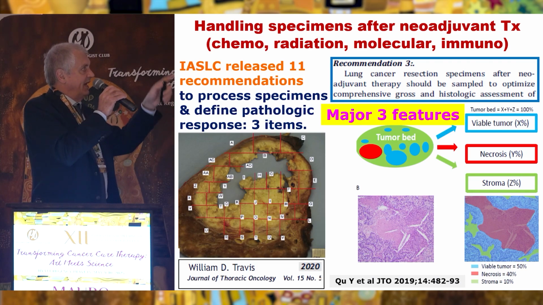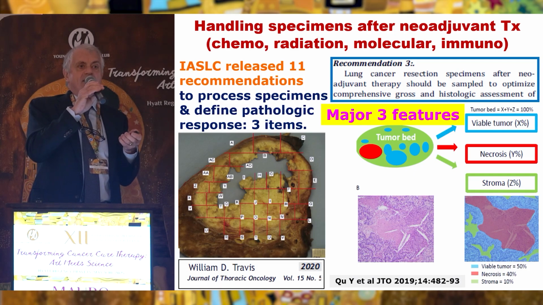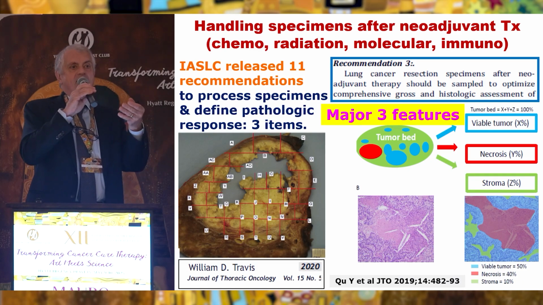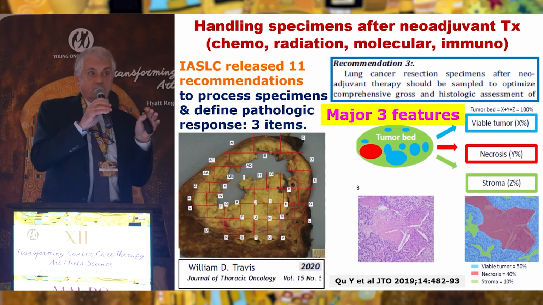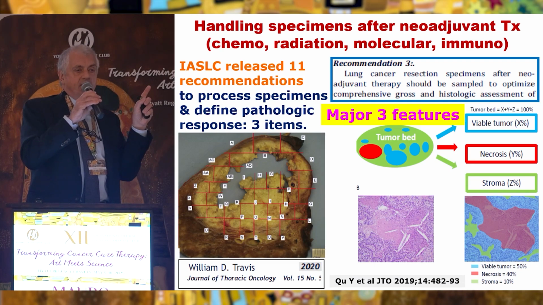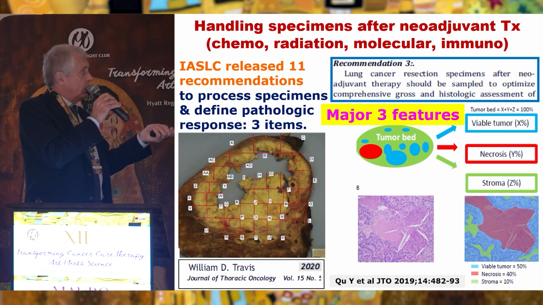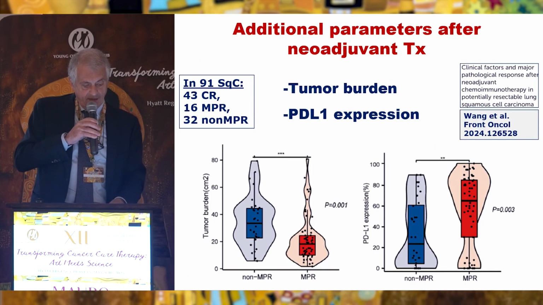So the tumor was the green area. How much surviving tumor cells exist? Zero, complete response. Less than 10%, major response. More than 10%, poor response or no response. So this is what we have to do, and we must be very accurate in counting this. And to be accurate, we have to check all the tumor that has been resected. So for us, it's a very big problem.